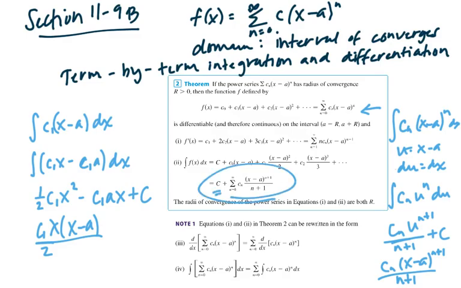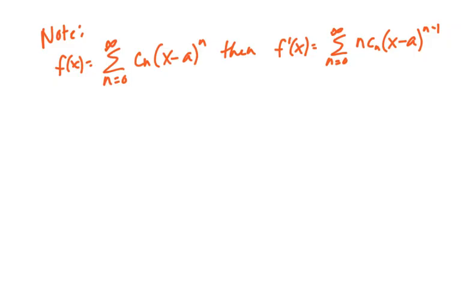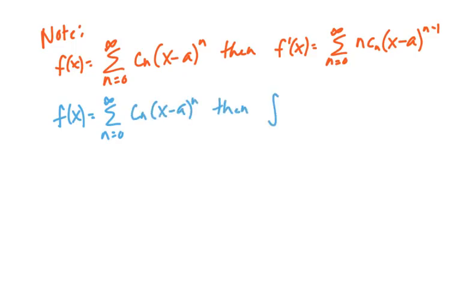We're going to have a plus c in there. So we can make a note here, and it says that if f of x equals the series from n equals 0 to infinity, c sub n times x minus a to the n, then the integration of f of x dx equals the series from n equals 0 to infinity, c sub n over n plus 1 times x minus a to the n plus 1.